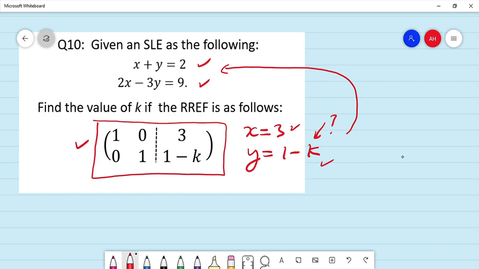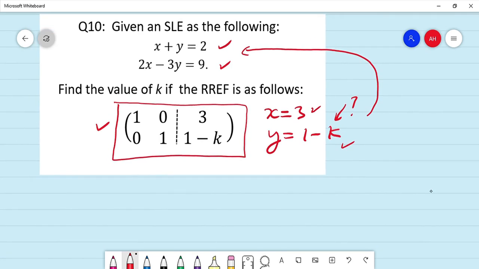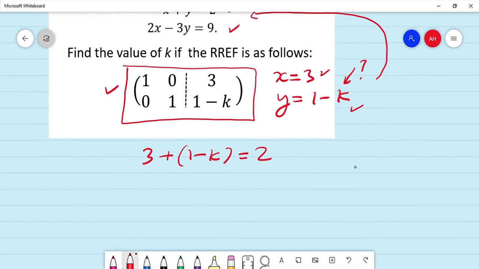Now, let's do that. Let's substitute x equal to 3 and y equal to 1 minus k in equation number 1 and see what happens. X equal to 3, so 3 plus y, that is 1 minus k, must be equal to 2. Okay, we have a very nice equation here, and we can solve for k.